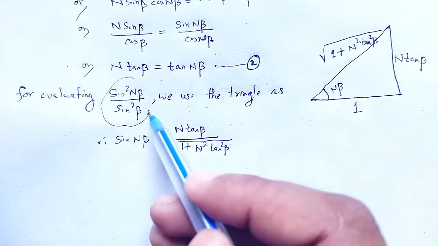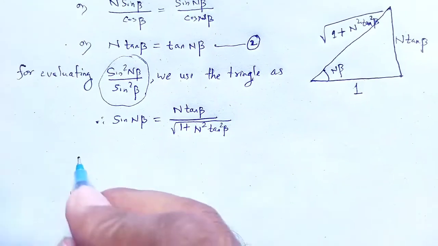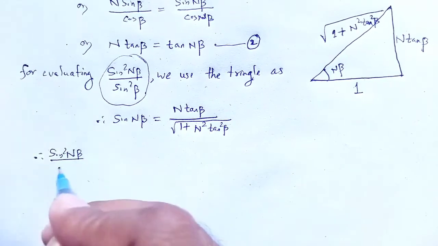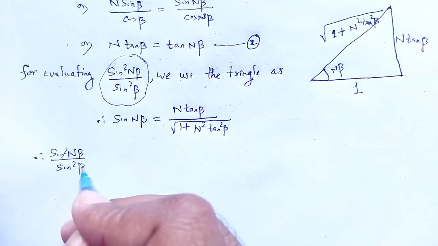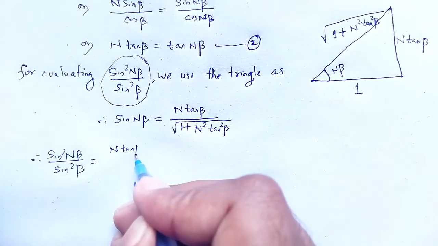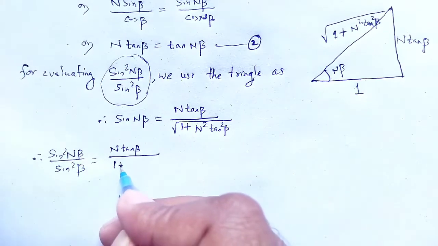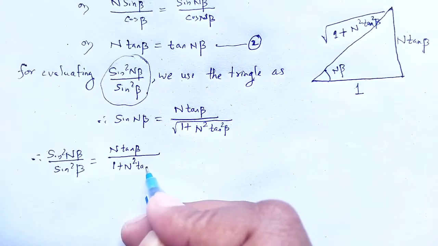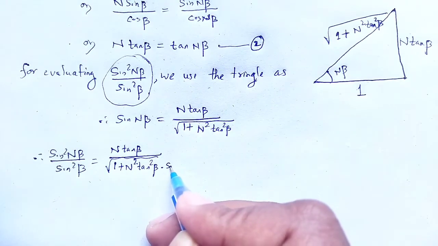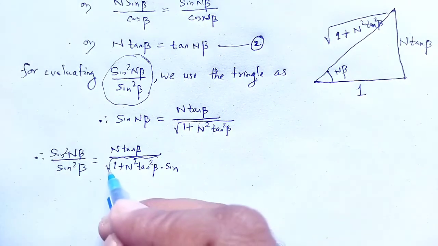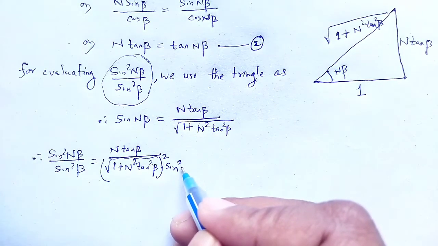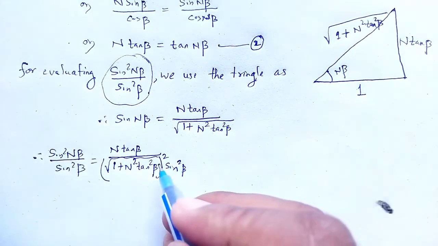Now sin square n beta by sin square beta can be evaluated. Therefore, sin square n beta divided by sin square beta is n tan beta divided by under root of 1 plus n square tan square beta, into its square, so under root square, divided by sin square beta.